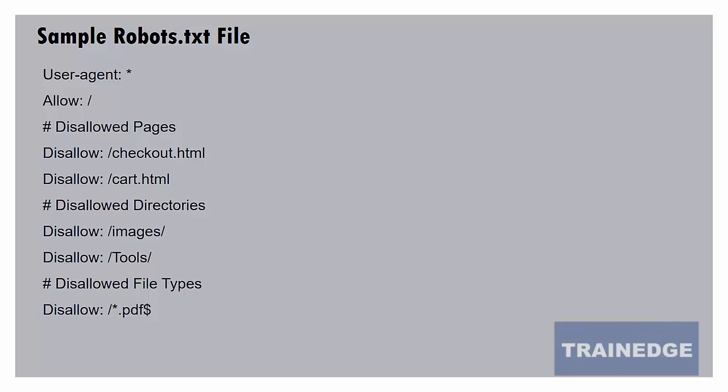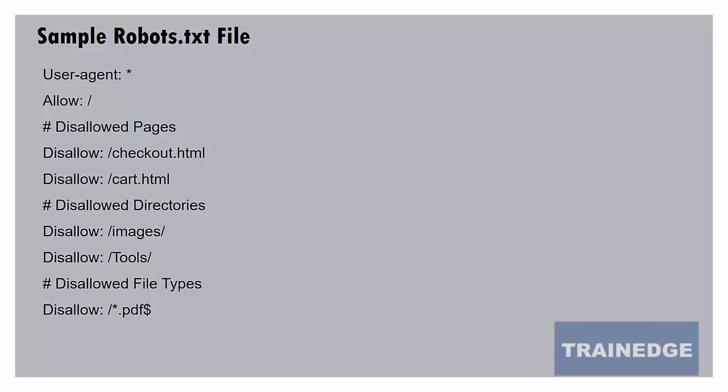So first sentence, we are allowing the bot to index anything on the website. Then there are some disallowed pages, disallow checkout.html and cart.html. So we are saying while you can access any page on the website, you should not access checkout and cart pages.